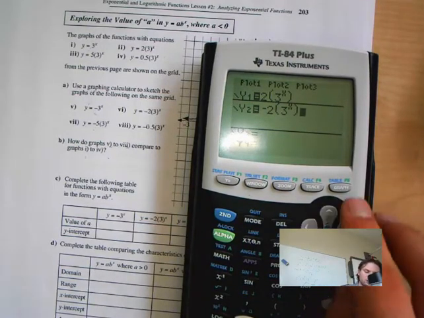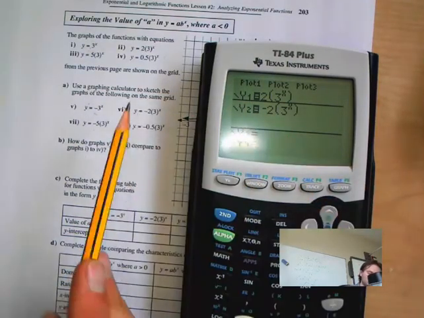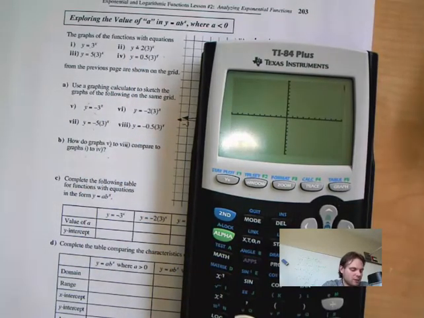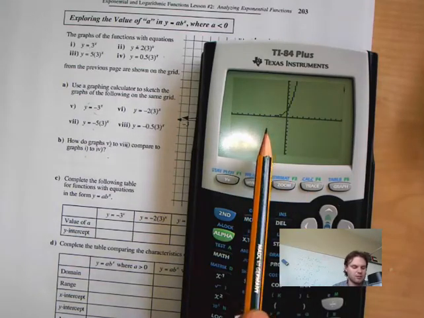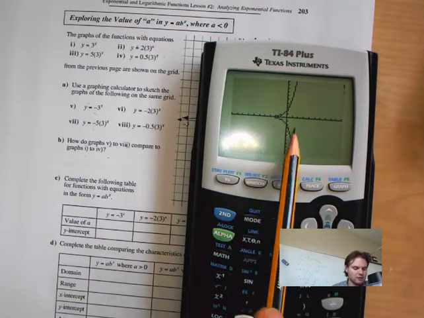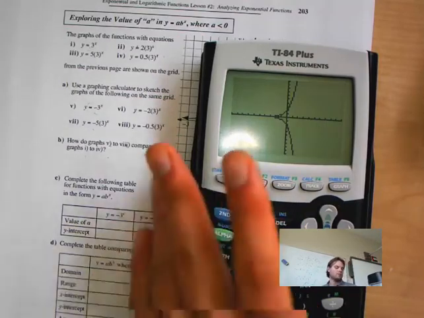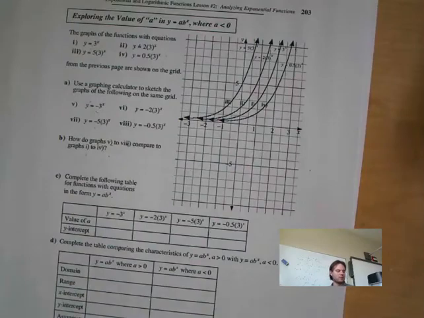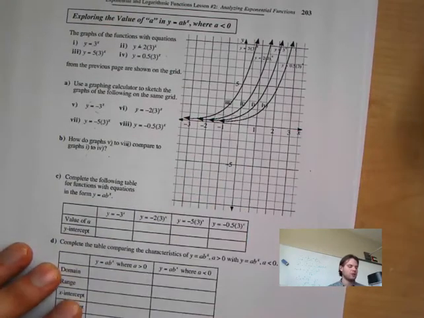Let's graph this. Once again, we're just comparing this one and that one. Let's see what happens. Wow, once again, they look almost the same, but there's a reflection again on the x-axis. So I want you to continue this. Continue this table and see what you end up getting.